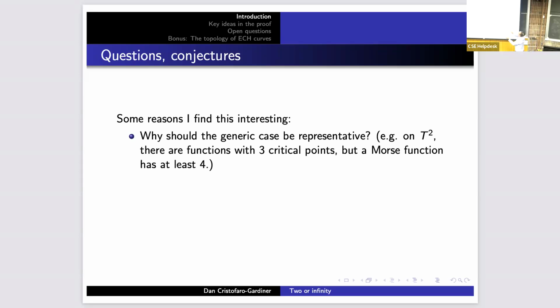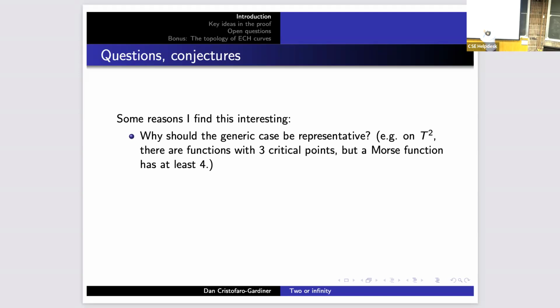So for example, say I just look at functions on the two-torus. There's two different questions I could ask. I could say, what's the minimum number of critical points that a Morse function could have? And that's easily seen to be at least 4. But actually, just a general smooth function on the two-torus could have 3 critical points. So you certainly might think that there's some kind of pathological behavior hiding away from the non-degenerate case, and HWZ are asserting that it's not.